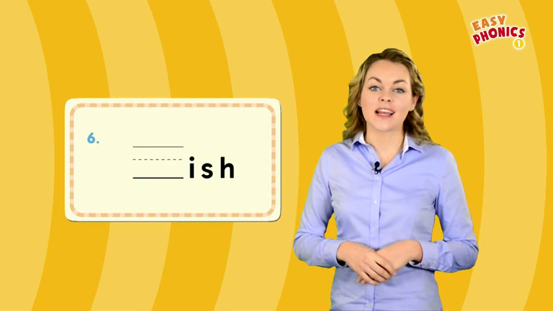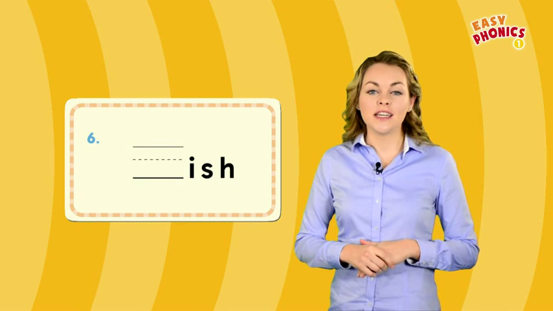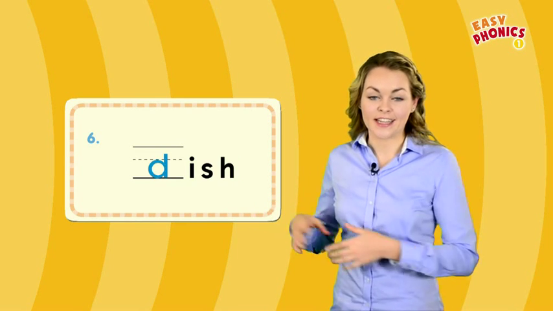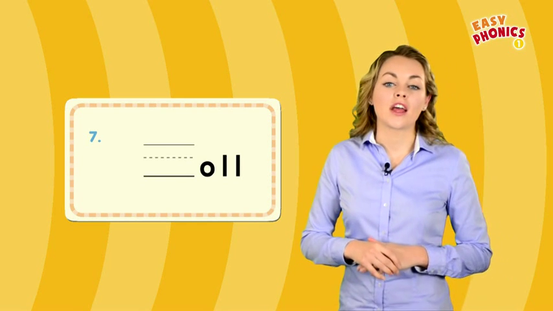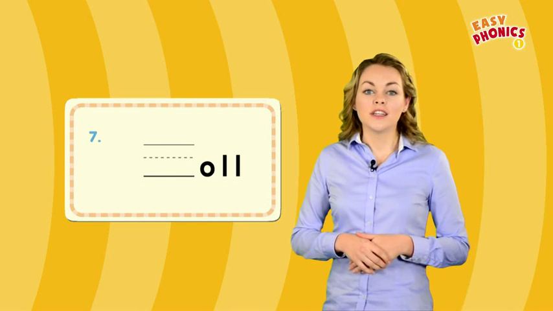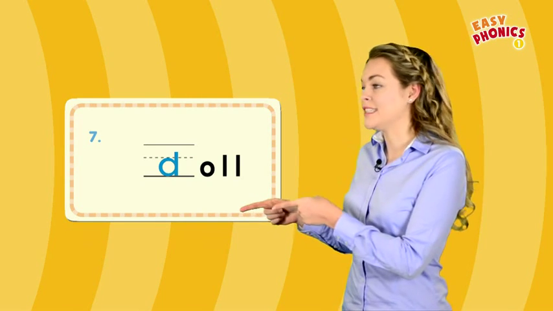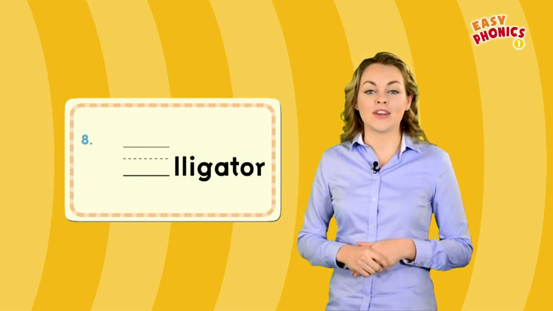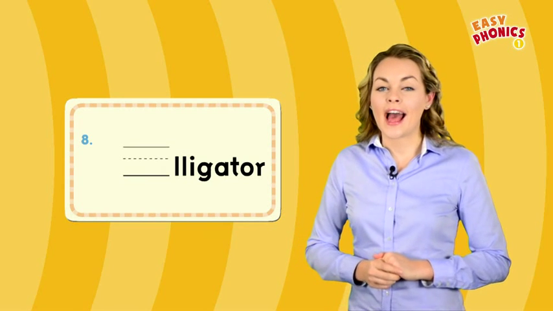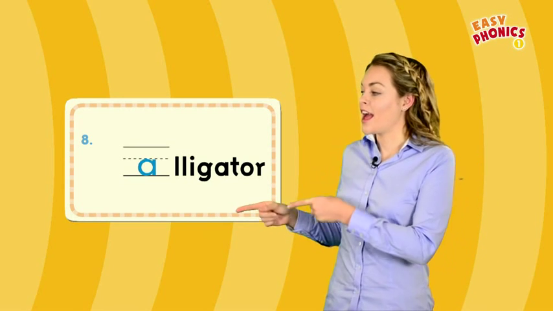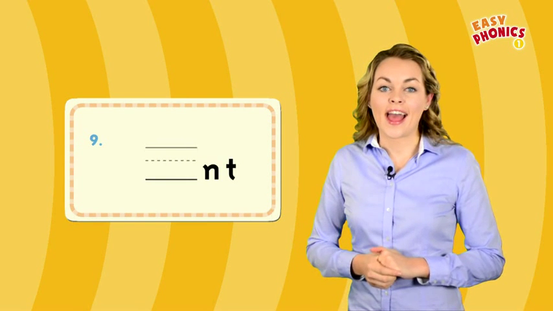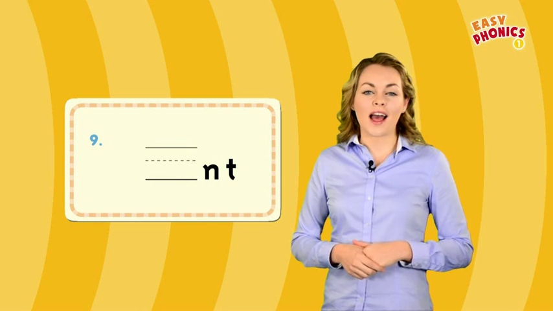Number 6, dish. Dish. Begins with the letter D. Number 7, doll. Doll. It's a D. Okay. Number 8, alligator. Which letter does alligator begin with? It's an A. Number 9, ant. Ant.